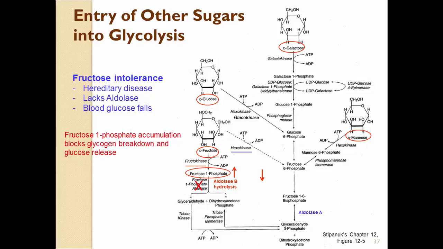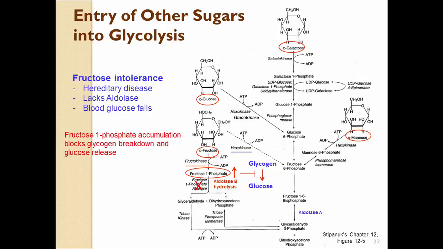So if aldolase B is deficient, then fructose 1-phosphate cannot be broken down, so you have fructose 1-phosphate built up, right? Fructose 1-phosphate is an inhibitor of glycogen breakdown, right?